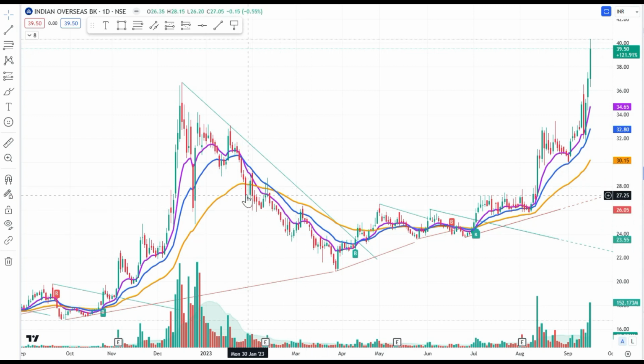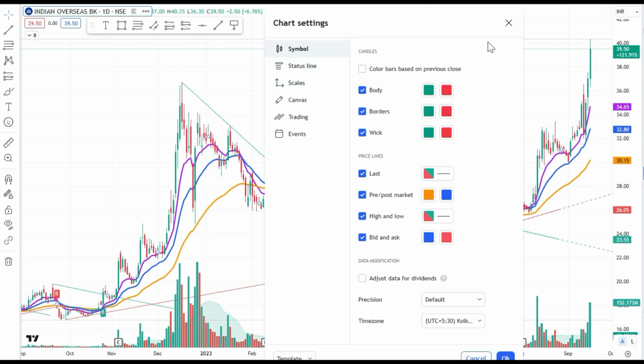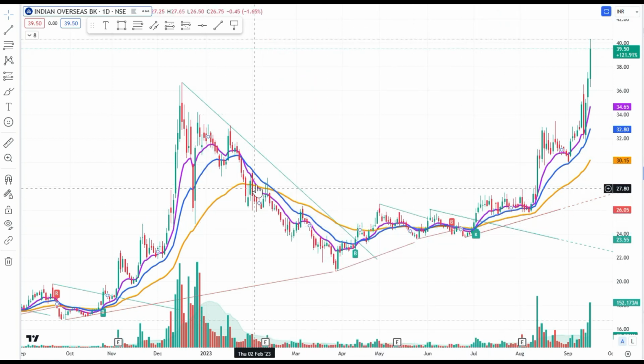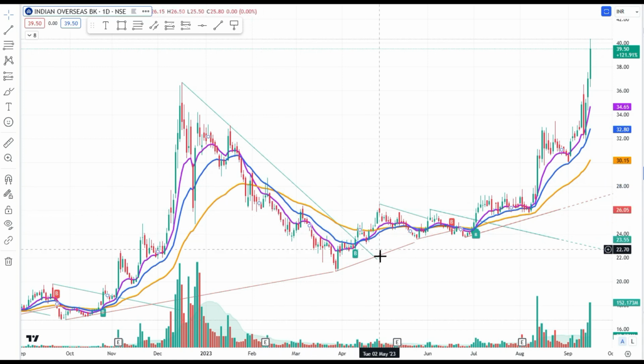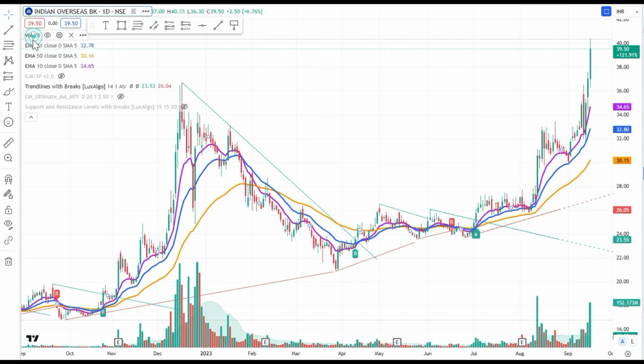If you clearly see the stock, it has not even held up the 20-day moving average. We have these moving averages here: 10, 20, and 50. And some use 21, it's okay. You can use anything. I've used 21 here.